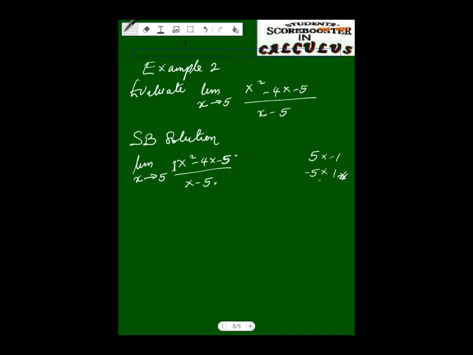So we're going to express this one in such a way that it's going to give us minus 4x. So you can see that if I have minus 5x plus x, this will give me minus 4x. So I'm going to substitute minus 5x plus x for this minus 4x.